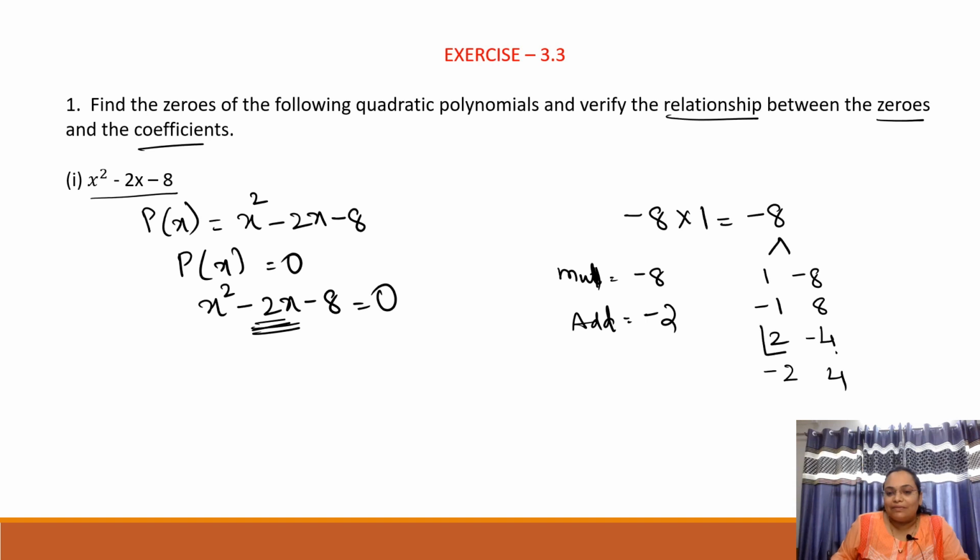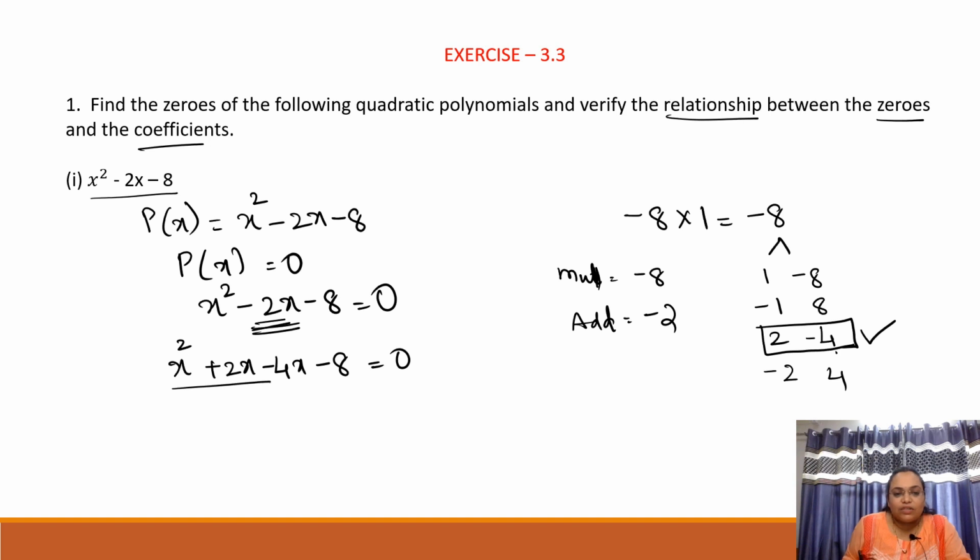So I will take this factor. Let us split the quadratic polynomial: x square plus 2x minus 4x minus 8 is equal to 0. From the first two terms, if you take x common, that is x plus 2, and from the next two terms, if you take minus 4 common, it will be x plus 2.